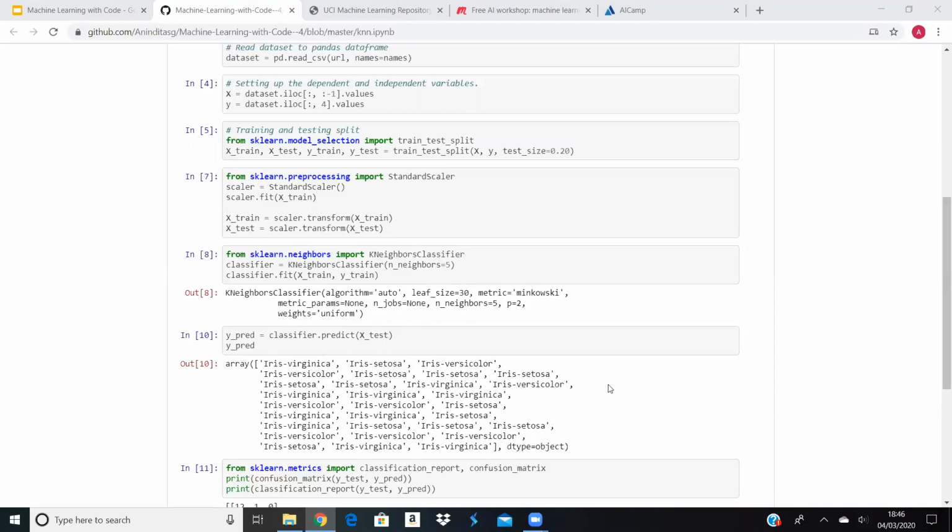For the anonymous attendee, you can check: when I'm printing the Y spread, you can also print the X spread, and the rows should match for each set of columns which consist of the flower details. The Y spread value would be the class.